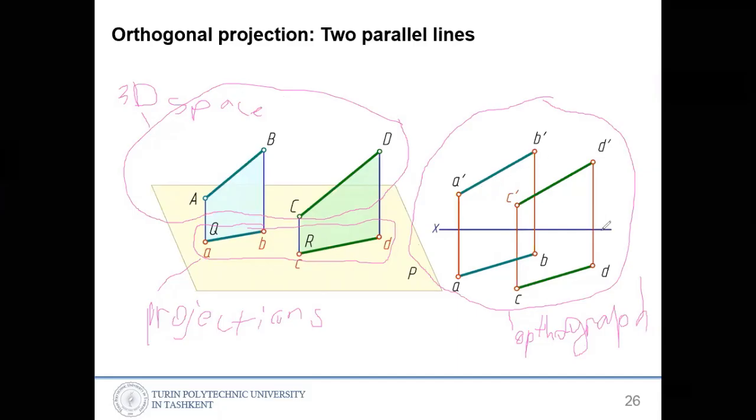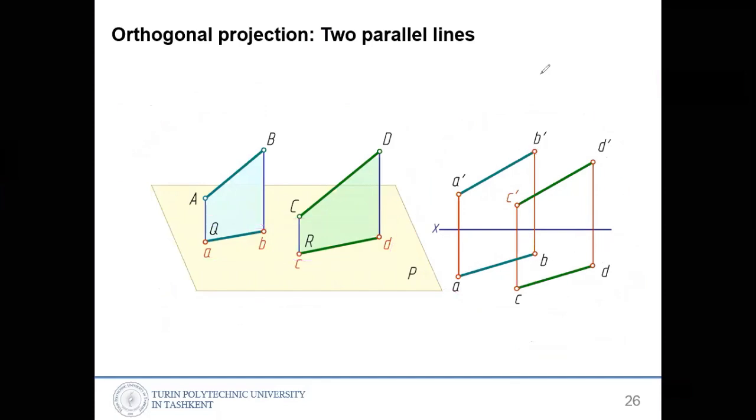Orthographic projection. So we have OX here, and on the top, that's the frontal plane, the front plane. We have two lines, and the bottom is the horizontal plane, the top plane, right? So that is AB and CD without any dashes, but they lie on the same straight line. So if the lines are parallel in the 3D space, these A, B and C, D are parallel.